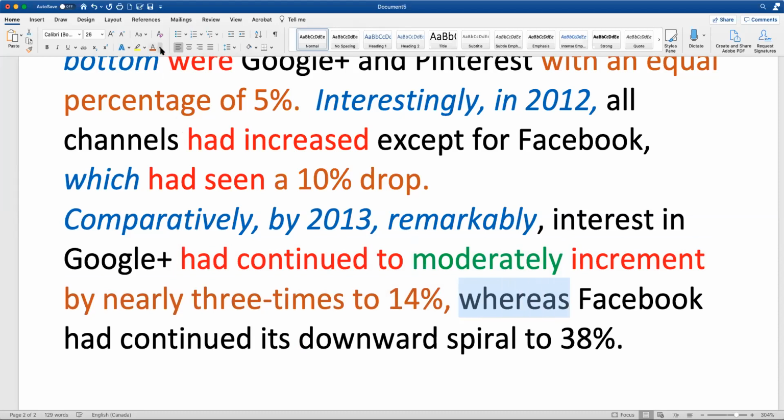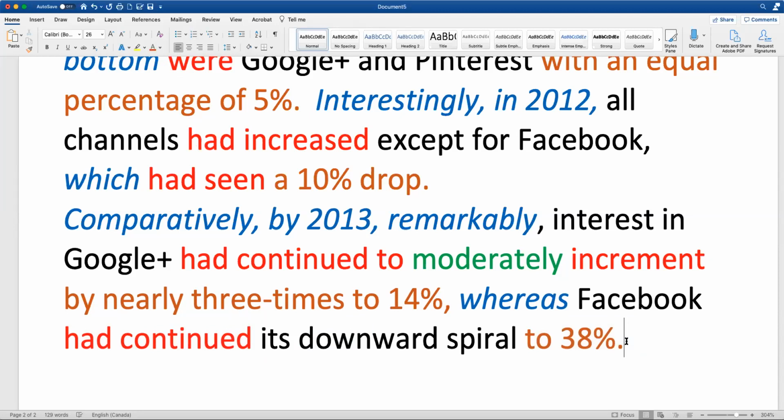Whereas Facebook had continued. We did mention its fall in 2011. That's why we said had continued. Its downward spiral. So downward spiral is a way of saying it's dropping fast, going down quickly.